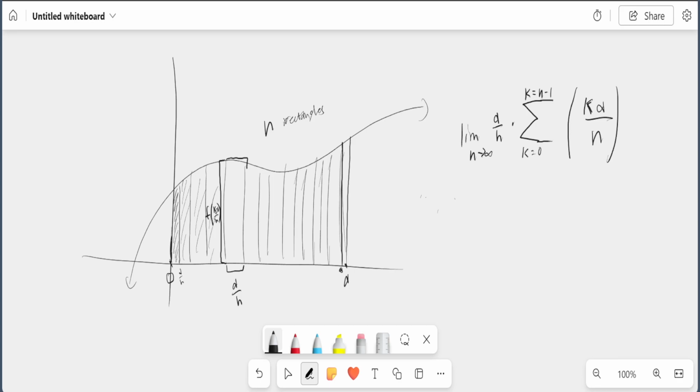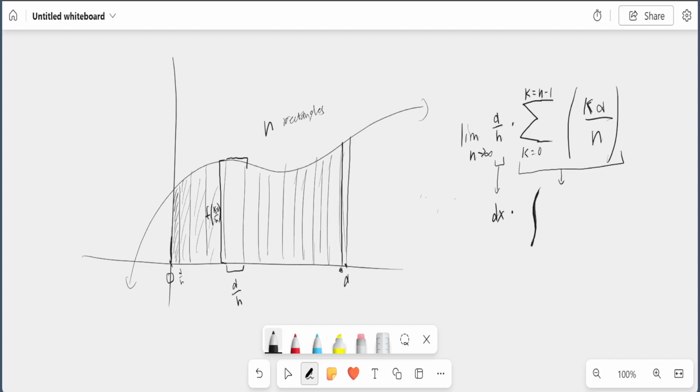Another way we can represent this, instead of writing this out every time, is to call a over n dx, and multiply it by this over here, which becomes this symbol. If this is a sum, this is like a smoothed out sum, an infinite sum.